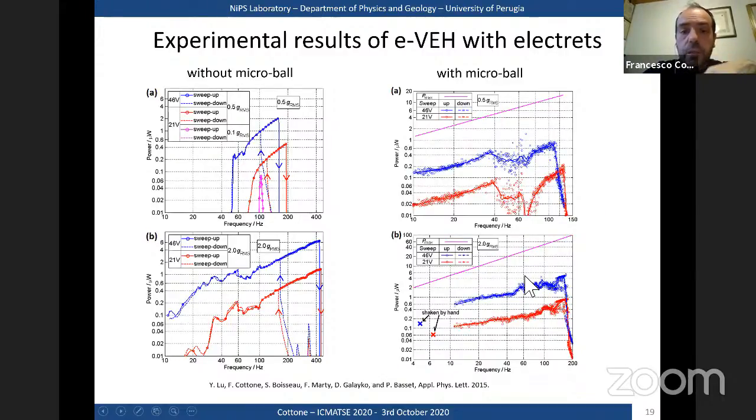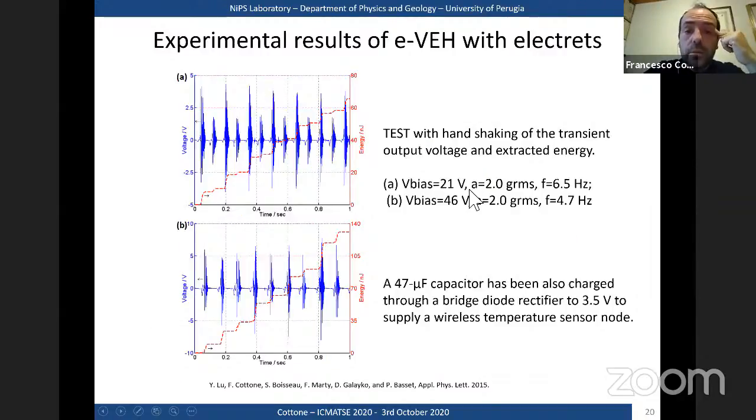This is very interesting. Compare, for example, at low acceleration at 0.5 G RMS, you see that there is a big difference in the presence of the microball inside or without it. This is another test done by hand shaking.